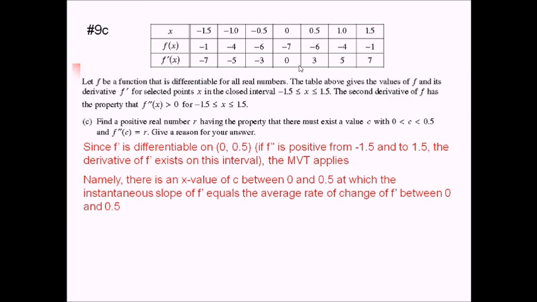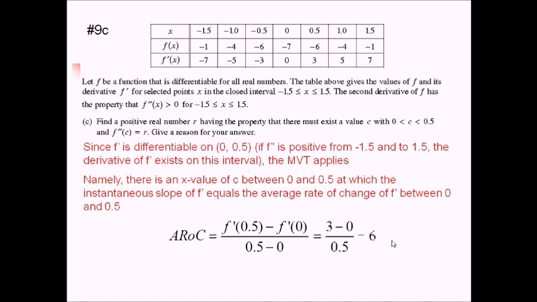Then we can see what it needs to match when we do f double prime of some c value. So the average rate of change of f prime is f prime of 0.5 minus f prime of 0 over 0.5 minus 0. That's going to be 3 minus 0 over 0.5, which, if you want, you could simplify to 6.